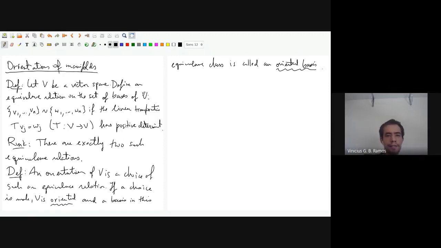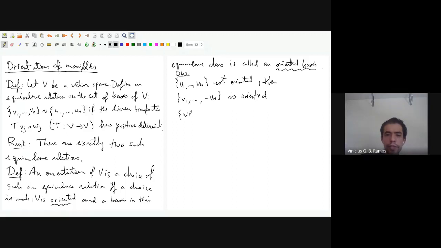Clearly, if you have a basis that is not oriented, then there are a bunch of ways to transform it into an oriented basis. One of them is to just change the sign of the last one. This is oriented. Another way is to switch the order of two of them.